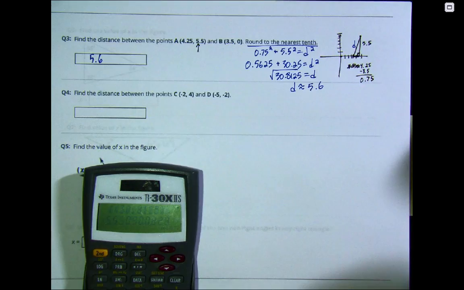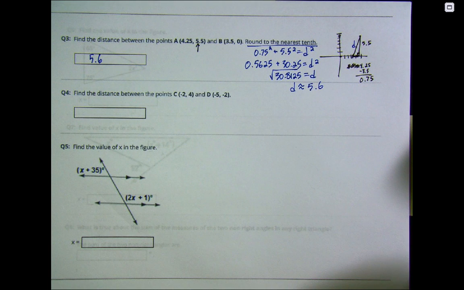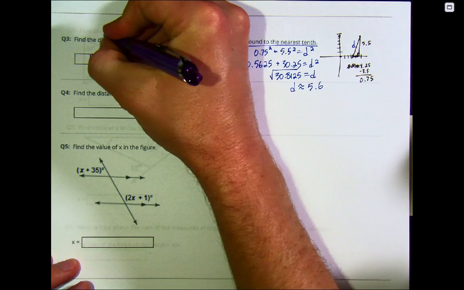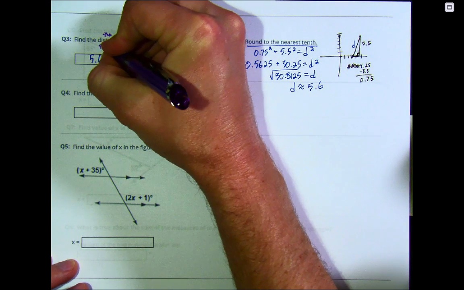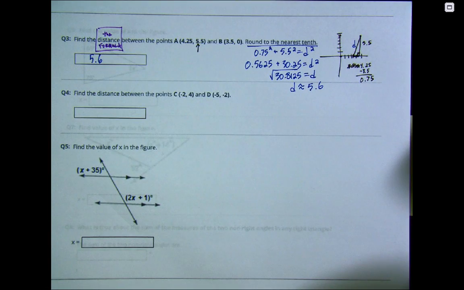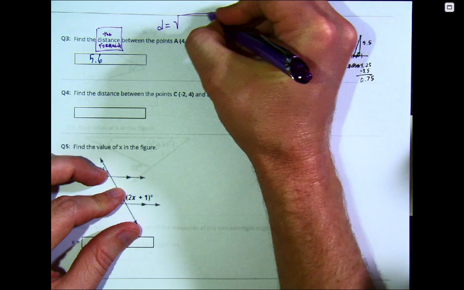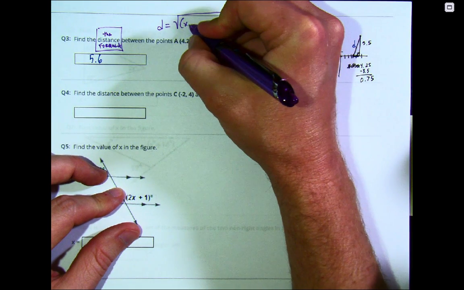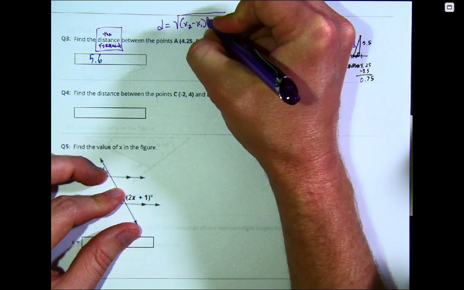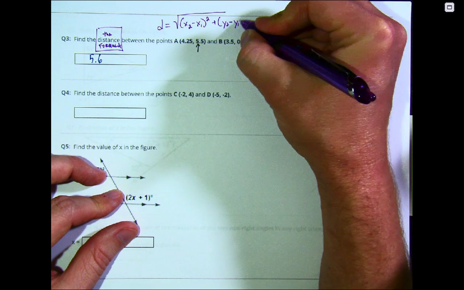Now, you did not have to do this problem this way. You did not have to draw a picture. You might prefer to do this problem with something called the distance formula. The distance formula is an interesting formula. It says the distance between any 2 points is the square root of the second x minus the first x squared plus the second y minus the first y squared.